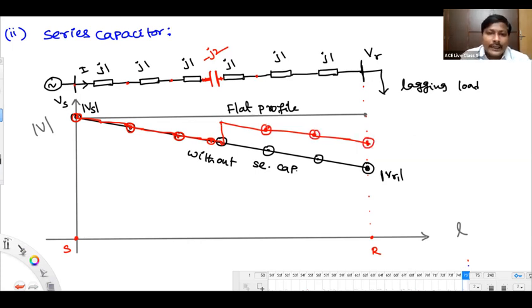This voltage I am calling mod VR. So this is with the series capacitor.